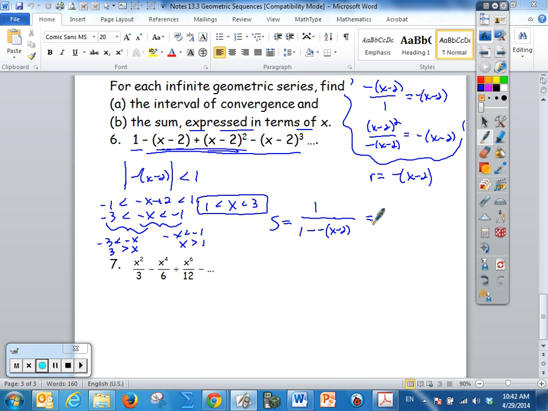So that simplifies to be 1 over x minus 1 after I pretty it up. So that's what my sum formula is, 1 over x minus 1. If I have an x value between 1 and 3, I can sub it in this formula and find out what the actual sum is. Okay? Are we okay?